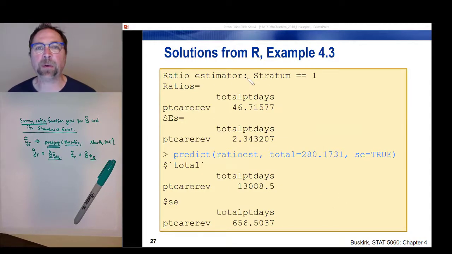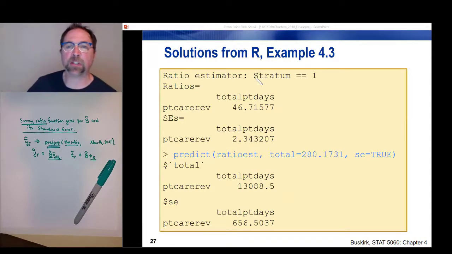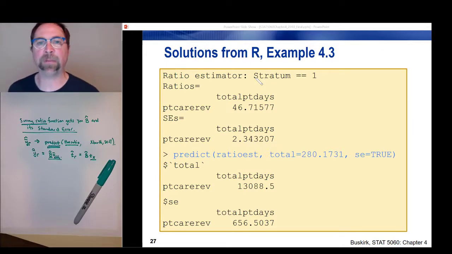So when you get the ratio estimator here, stratum is just 1 because we don't have any strata, so it just gives everybody the same stratum value. You get this output that says ratios equal. The way you read this is the Y variable, this is the X variable, and this is the B hat estimate.